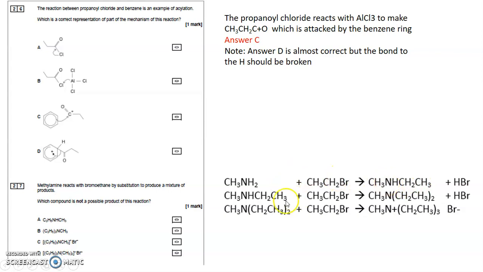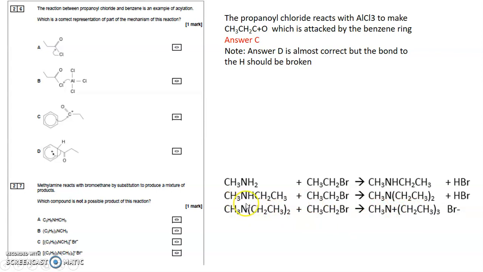Then this reacts again, so the lone pair of electrons here will attack this C again, the Br again will be released, so I'll end up with CH3CH2, N, the H will be lost, CH3CH2 and a CH3. And then again this N here has got a lone pair of electrons going to attack that C. So I'm going to get another CH2CH3, I'm going to get 3 of those formed now, and a CH3.